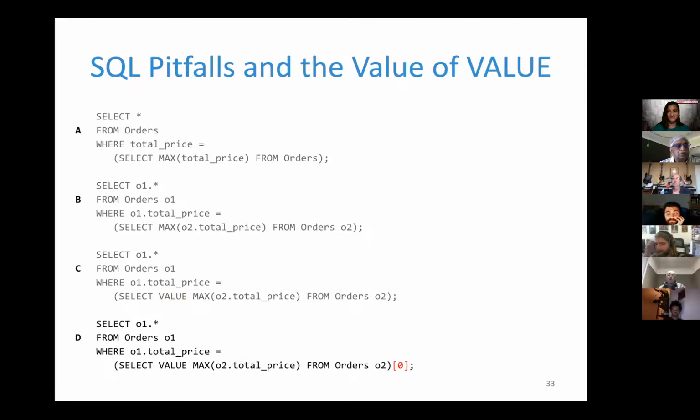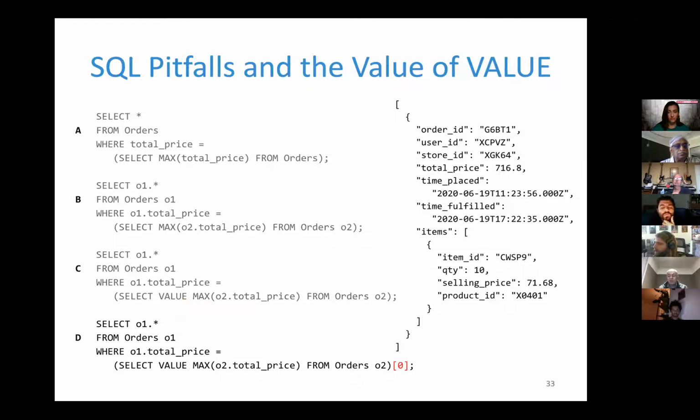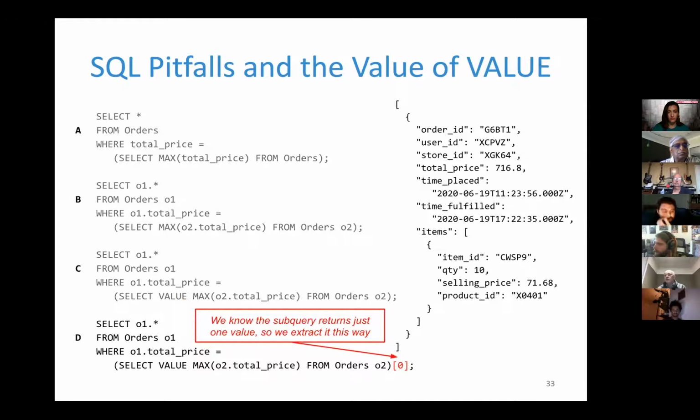You see that you have the subquery down there, and it gets you the value of the maximum of the total prices. Then, because you have an array and you want to get out one value of the array, we need to extract the first item of the array to get a scalar value that is the actual maximal value, so that we can then get the result that you see on the right.